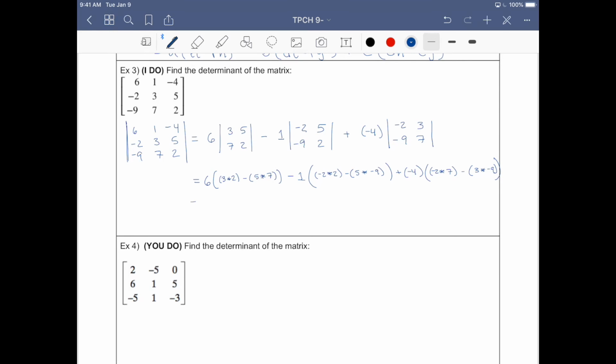Okay, if I were you, I'd put all that in a calculator, and then what you'll get is negative 267. That is the determinant of this 3 by 3 matrix. Why don't you try example 4?